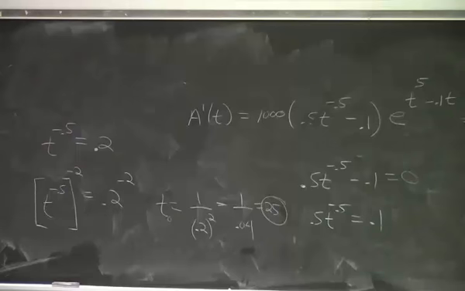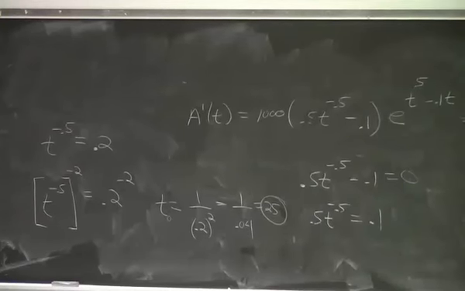That satisfies the first order condition. But we have to do one more thing to be sure that this gives us a maximum. We have to check the second order conditions.